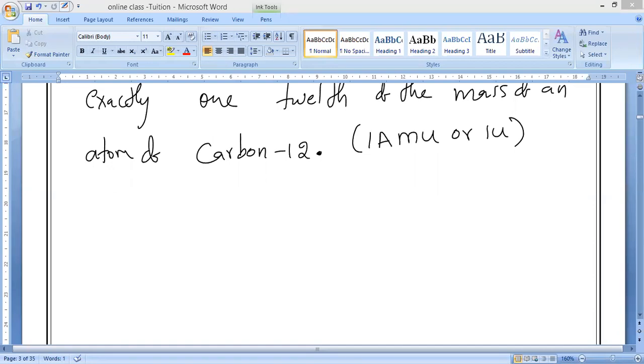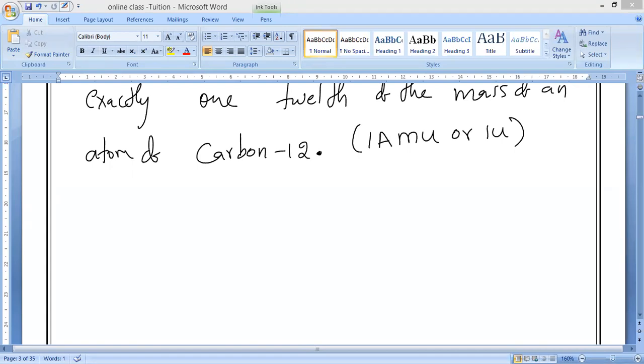The mass of one carbon 12 atom, we are taking as how many units? We are taking it as 12 units.